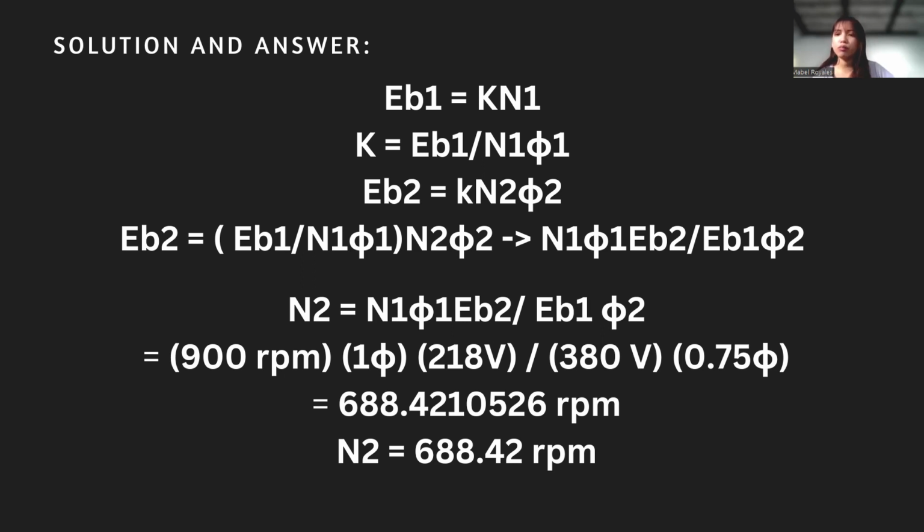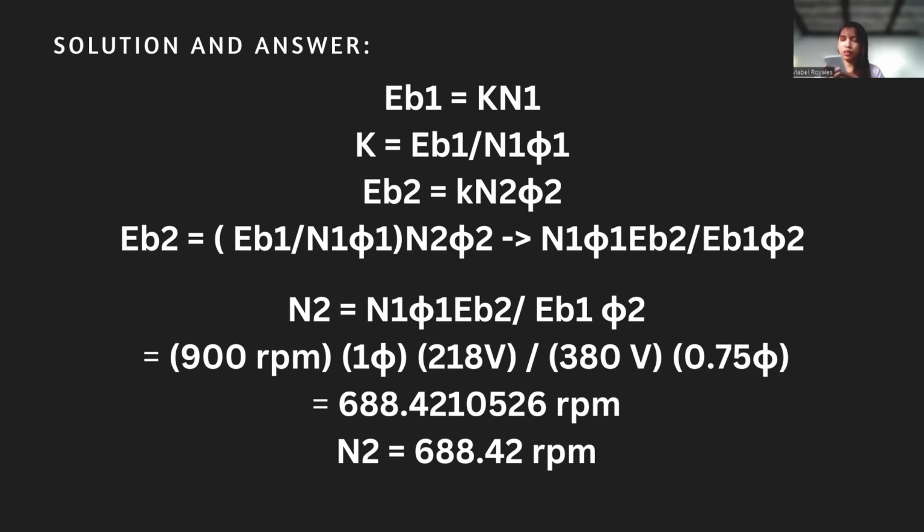So, the formula for N2, the speed, is N1 times flux 1 times EB2, the back EMF2, over EB1 times flux 2.